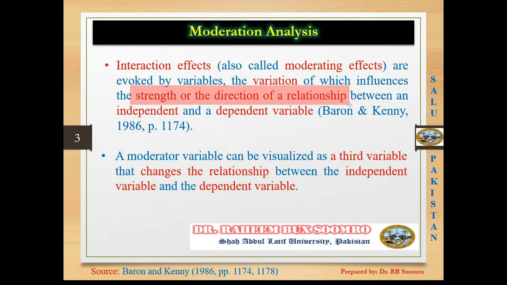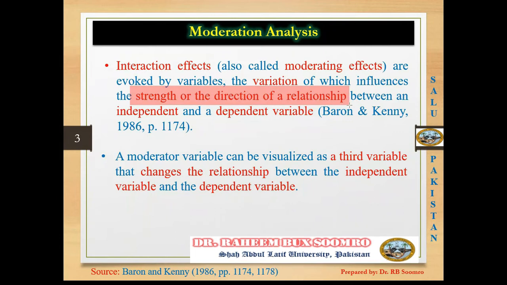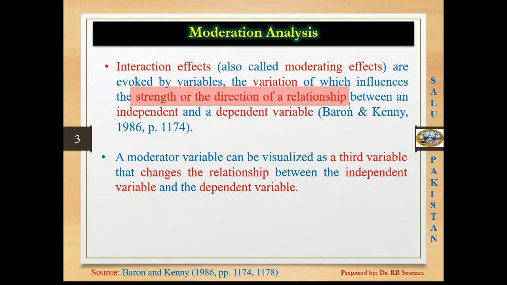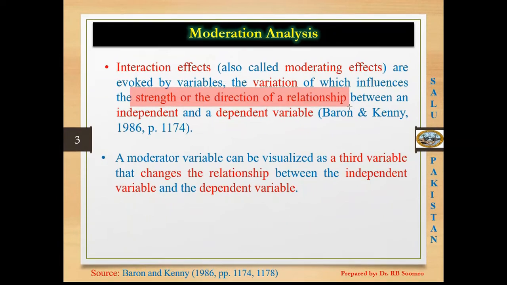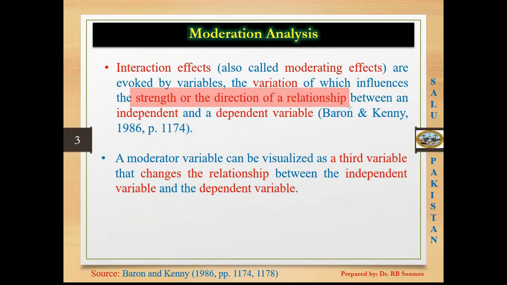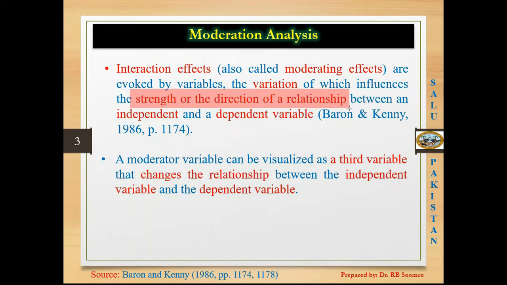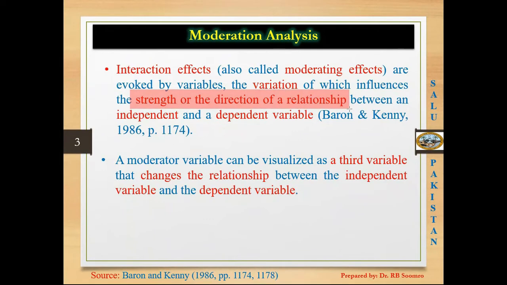So in my previous videos, I discussed the mediation. In mediation, we check the impact of the independent variable on the dependent variable through a third factor. But here, the concept is somewhat different from mediation.